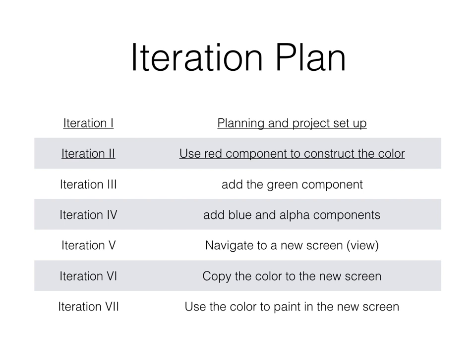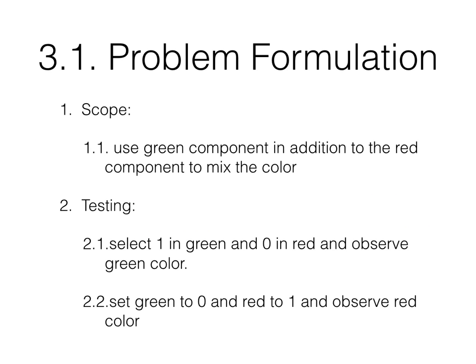So here's again our iteration plan to stay focused on what we're trying to accomplish. We completed iteration 1, we completed iteration 2, now we are in iteration 3 to add the green component. So again, following the app development process, 3 steps: problem formulation, solution formulation, and solution implementation.